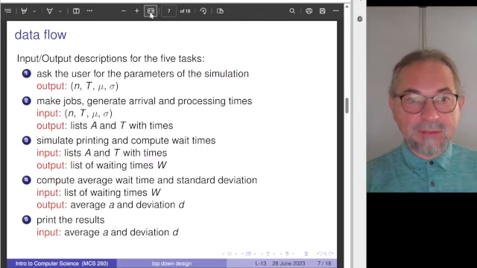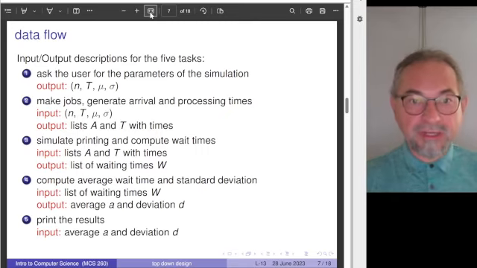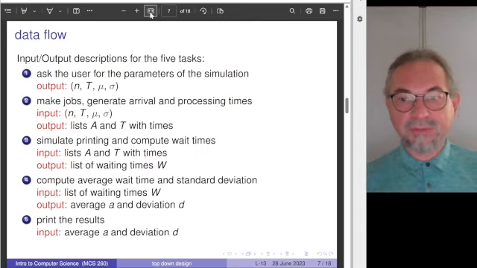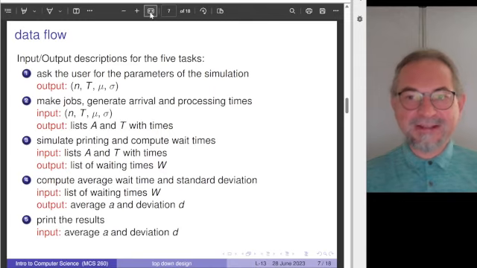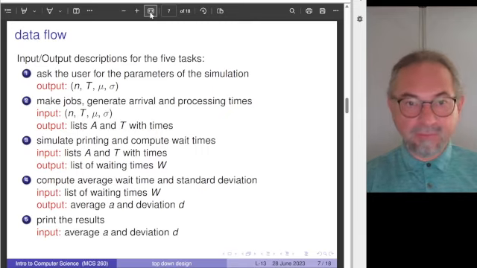In step one, you are essentially returning a tuple. So we have a function that prompts and returns a tuple. One could think about a function y equals f of x, where x is a number and y is a number. But instead of having x, we can have no input, and return a whole tuple of inputs.